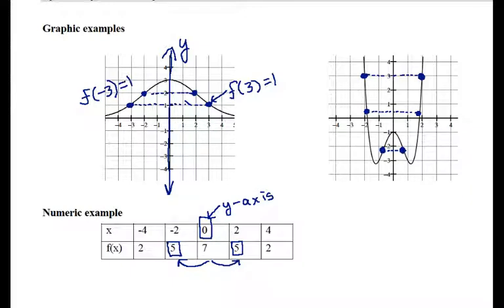So what we can see happening is that as we step the same distance in the x direction away from the y-axis in both directions, we get the same y value, right? We can see that taking another step here as we go out 4 units to the right versus 4 units to the left, I still get the same y value.